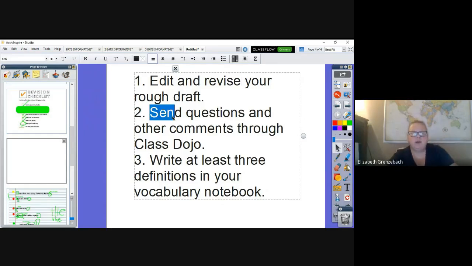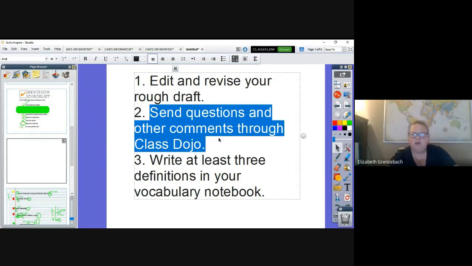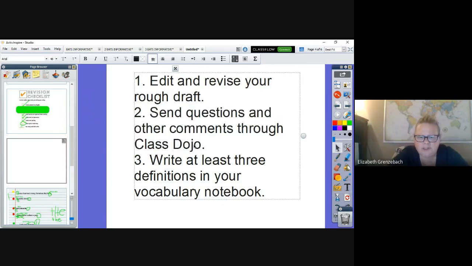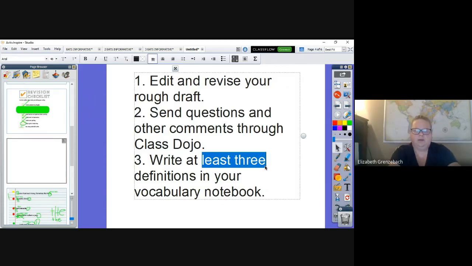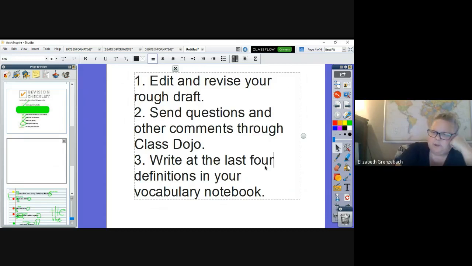Always send questions and other comments through Class Dojo. And then you should, if you've been writing 3 definitions each night, then tonight you're going to write the last 4 definitions in your vocabulary book if you have not done it already.